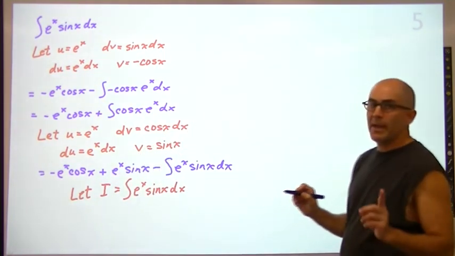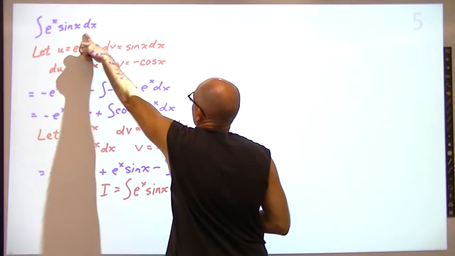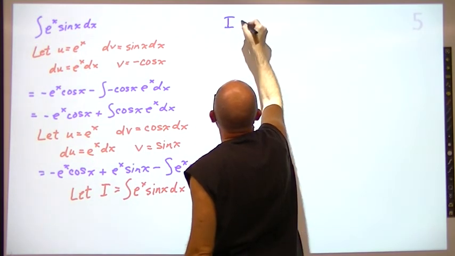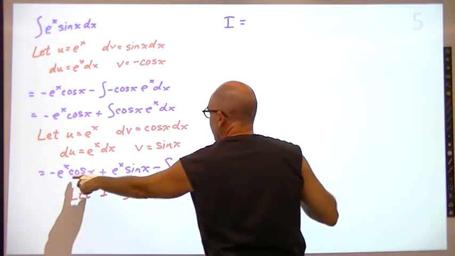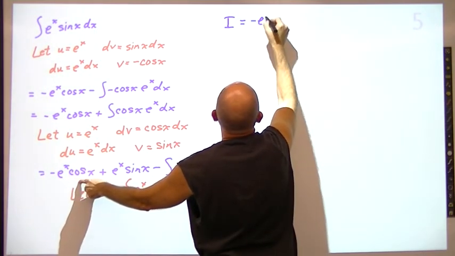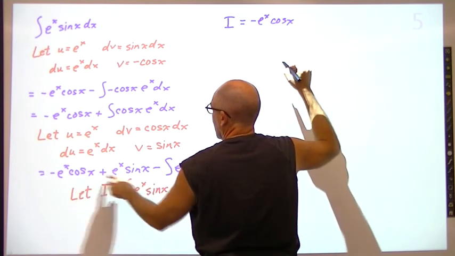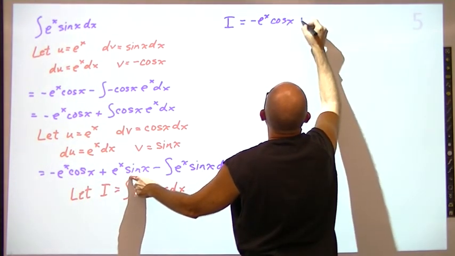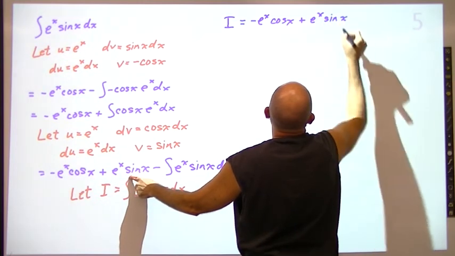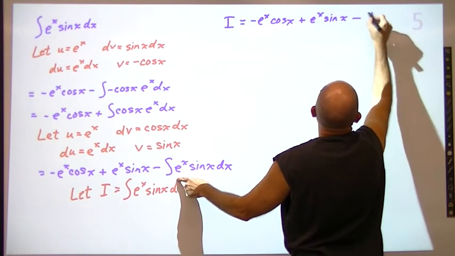Now, watch the magic. Notice what I have. The integral of e to the x sine x dx, which is I, equals negative e to the x cosine x plus e to the x sine x minus I.